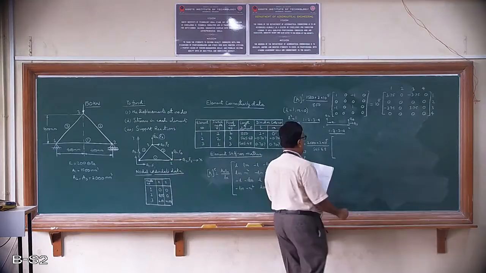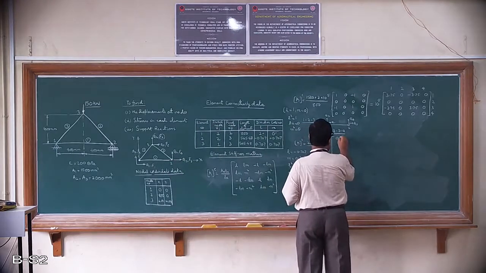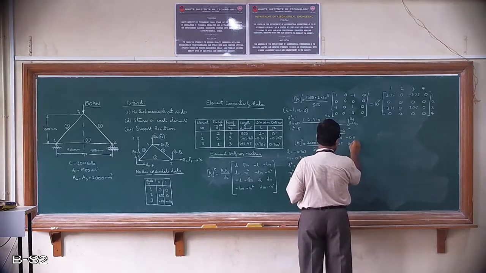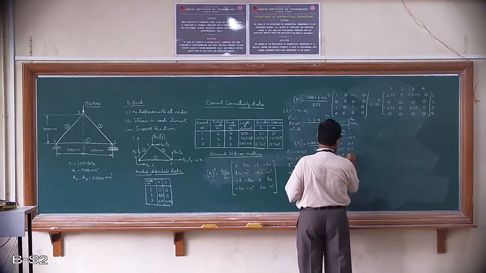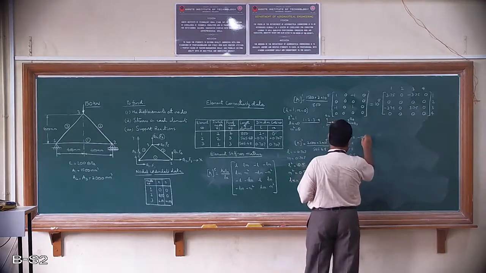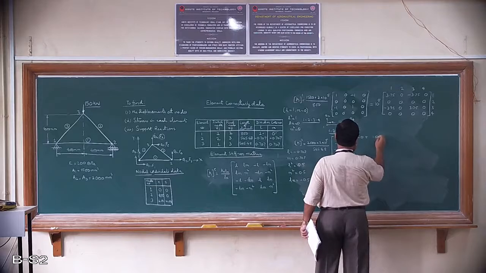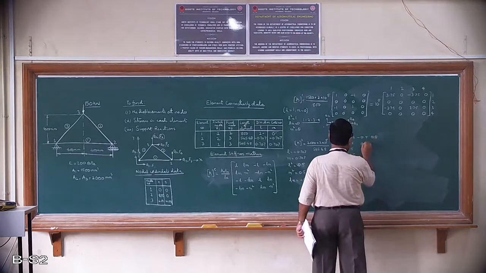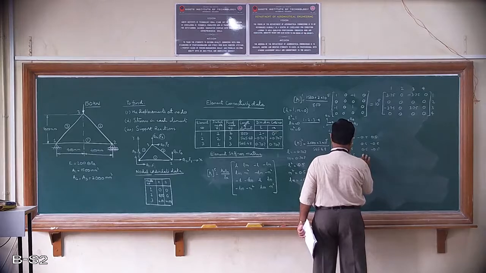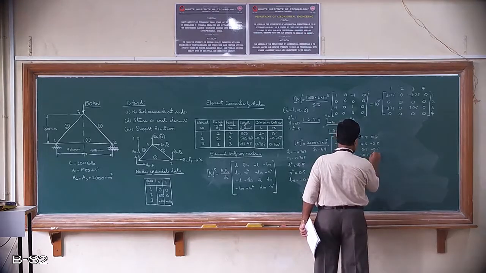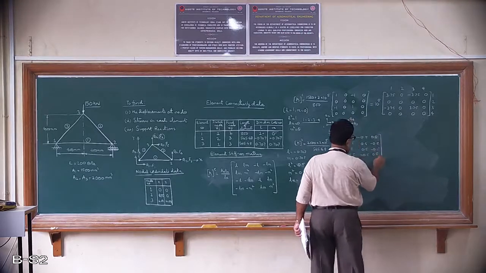So the entries are 0.5, minus 0.5, minus 0.5, 0.5, and so on with the same pattern. This is what you are going to get.